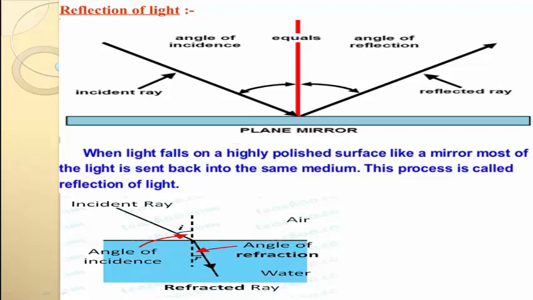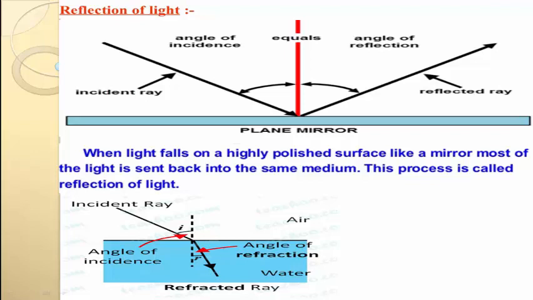In the below diagram, that is the diagram corresponding to the refraction of light. In refraction, when a ray of light travels from one medium to another, it bends towards the normal or away from the normal. The phenomenon of bending of light in the medium is called refraction of light.